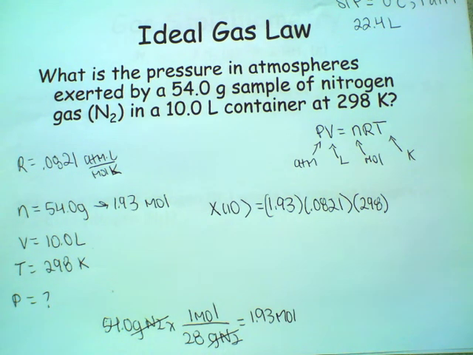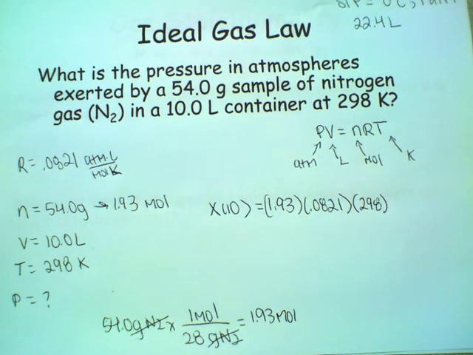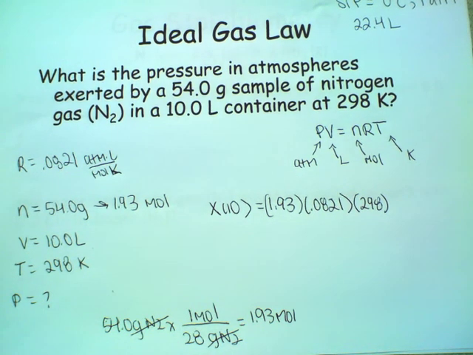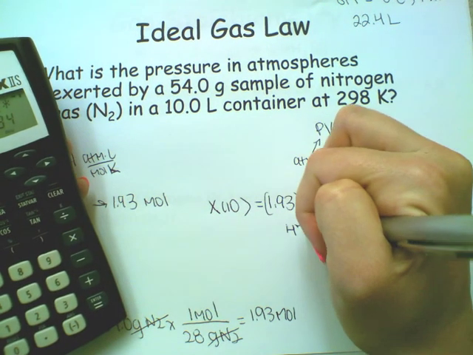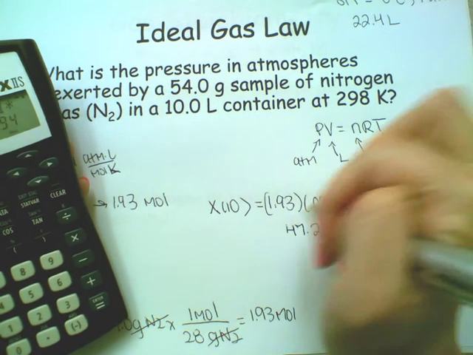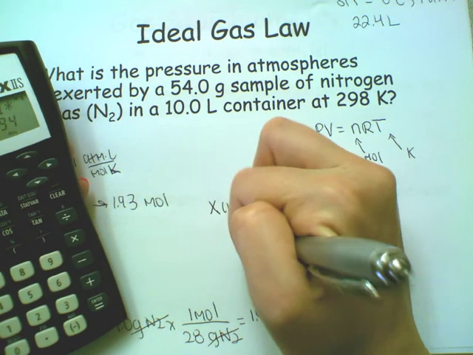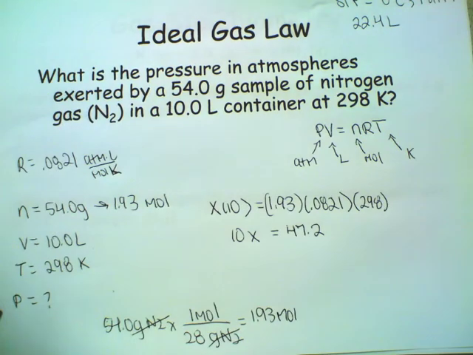All right, so I'm going to combine these terms on this side. 1.93 times 0.0821 times 298 equals, I'm going to flip that, 10x. 10 times x and x times 10 is the same thing.